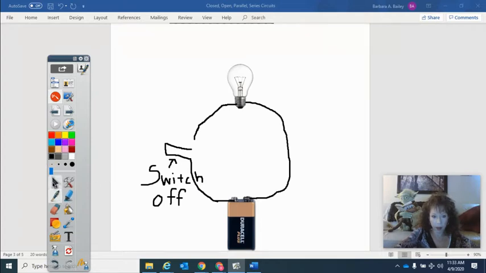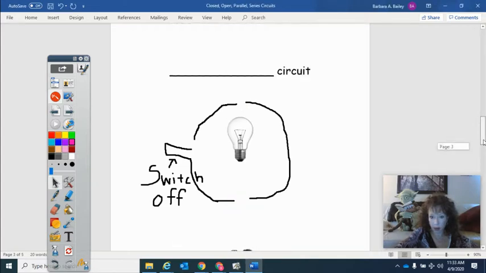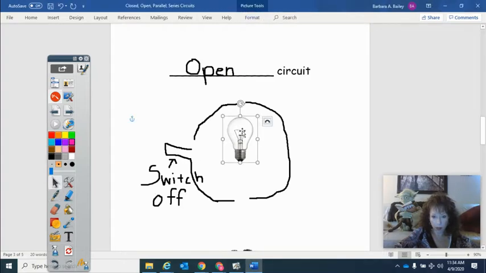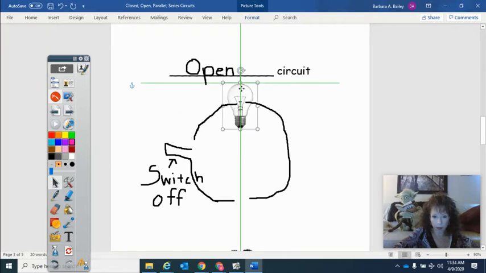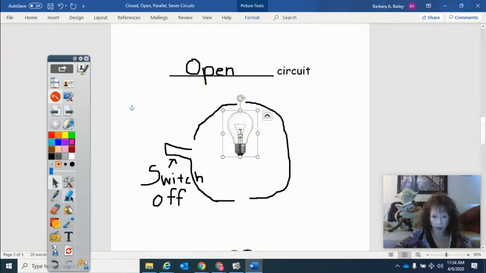All right, so this is going to be called an open circuit. No, it's not going to work. Okay.